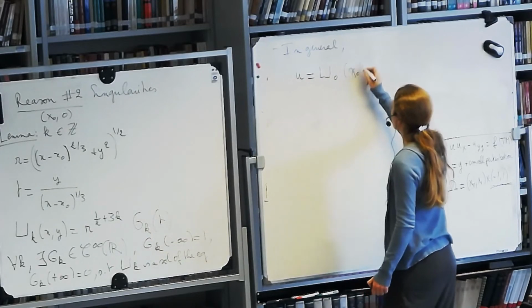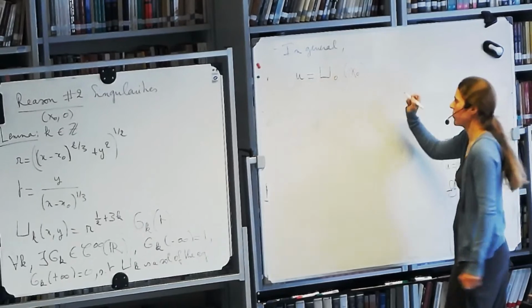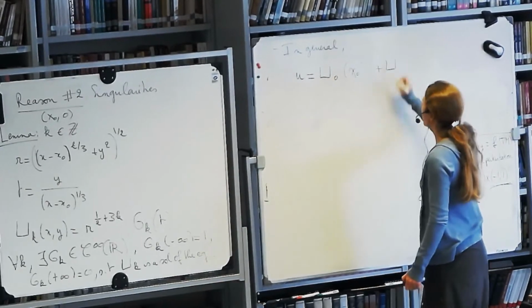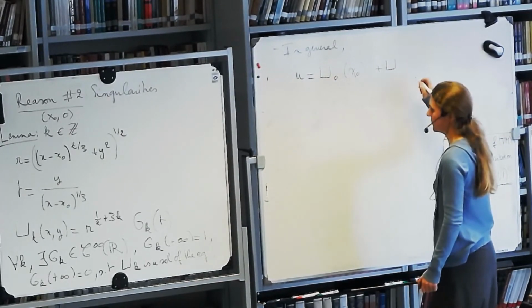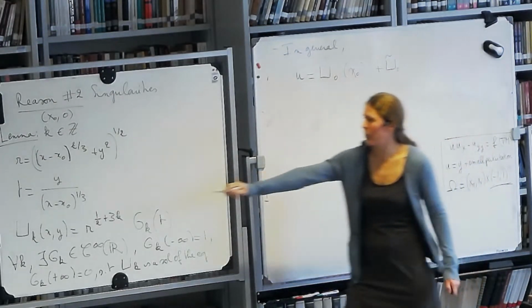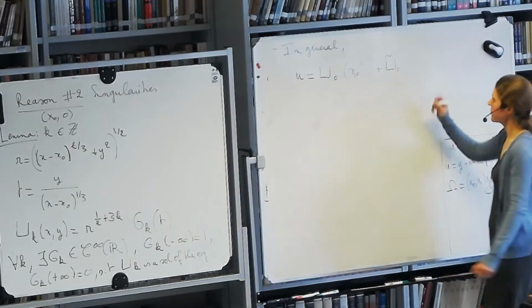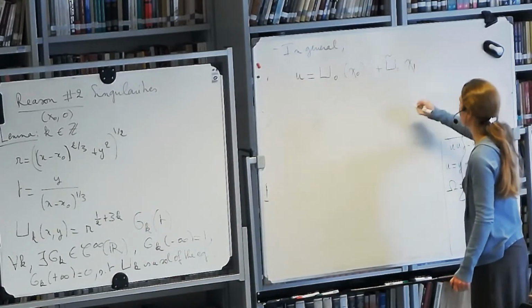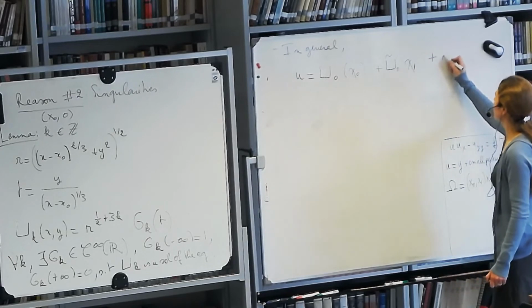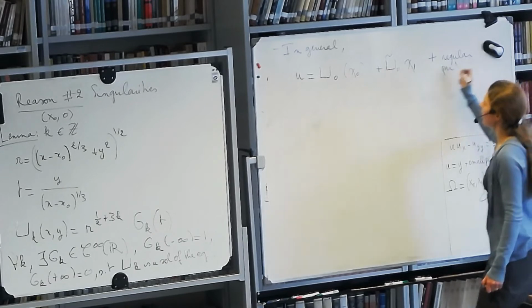Okay, this chi naught is a truncation. I'm not writing it precisely, but you truncate your solution, plus u naught tilde, which is the same one but close to x1, times some truncation chi 1, plus some regular part, and with some coefficients.